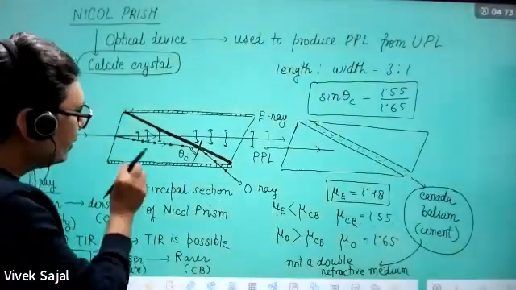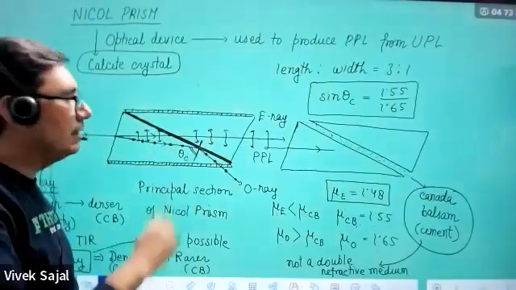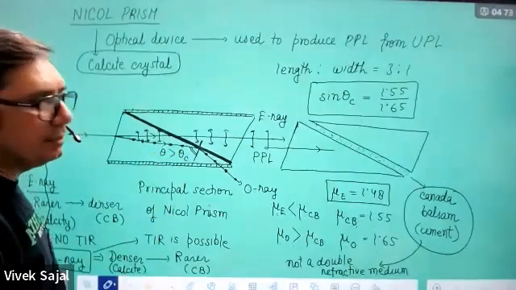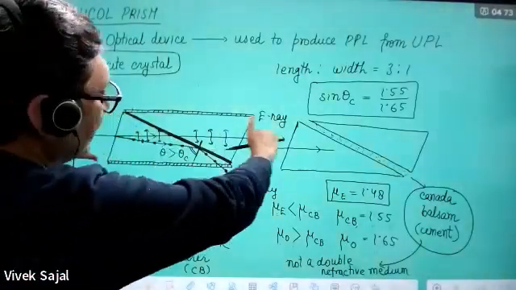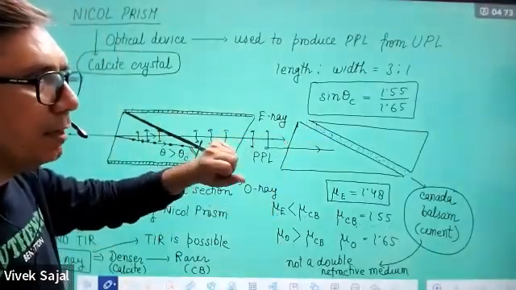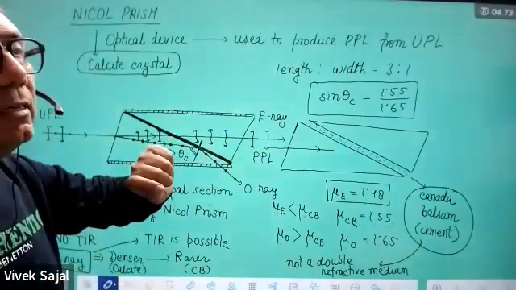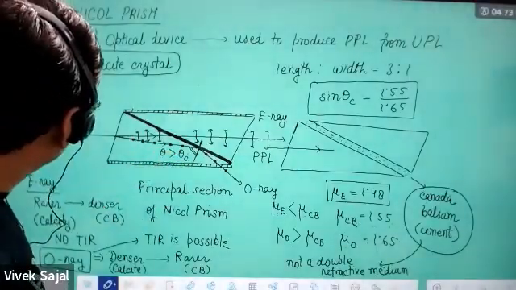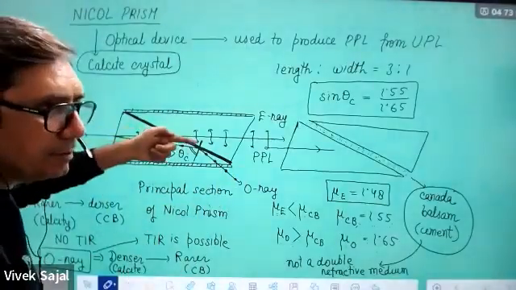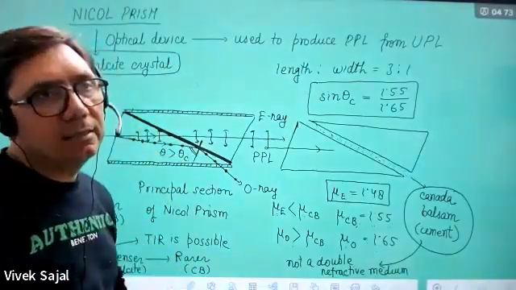Now we were making it certain that this ordinary light should strike at an angle greater than theta c. So this angle theta is actually greater than theta c here. For this purpose we have designed this Nicol prism. Its length is quite large and its width is small, only one part compared to three parts of length. If you cut it diagonally, then for the incident unpolarized light, incident nearly parallel to the base, the angle of incidence for ordinary light will always be greater than this critical angle.